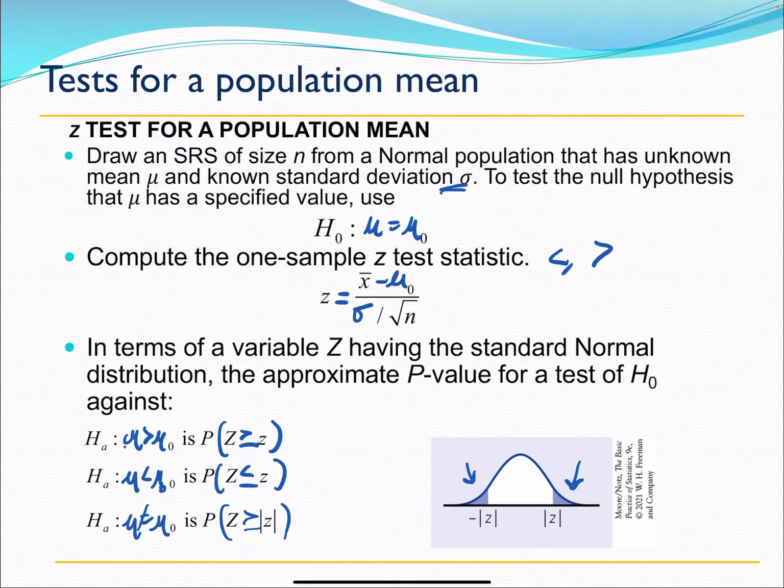We're going to calculate our z statistic. We know that we have 1.96 for 0.05, and we've got 2.33 for 0.01. These are those critical z's.